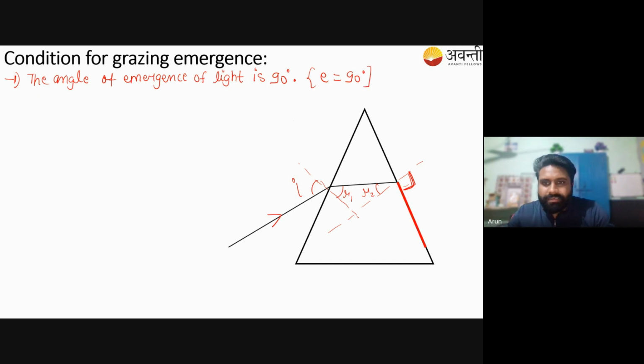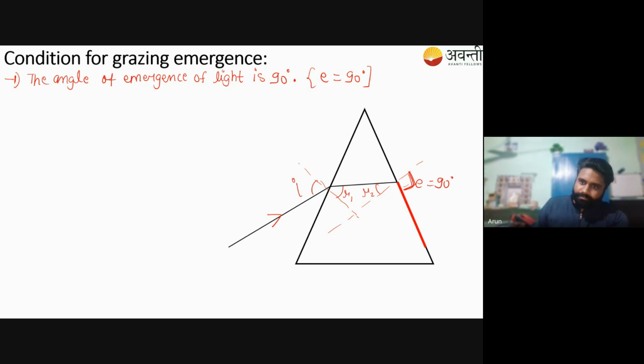Emergence angle is represented by E, and angle of incidence is represented by I. ठीक है. So in this phenomena, this E is equal to 90 degree.